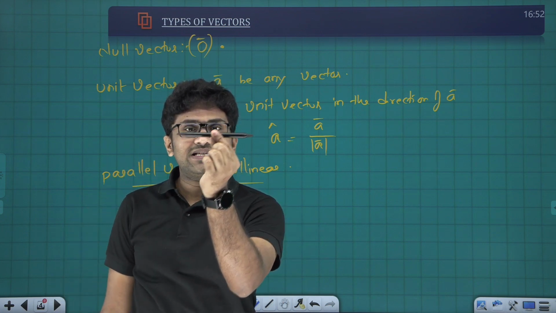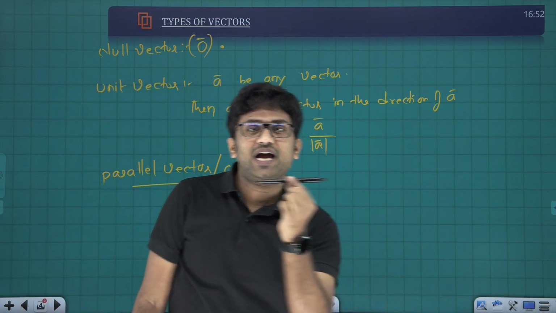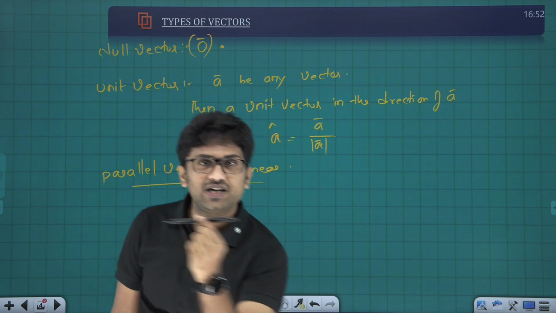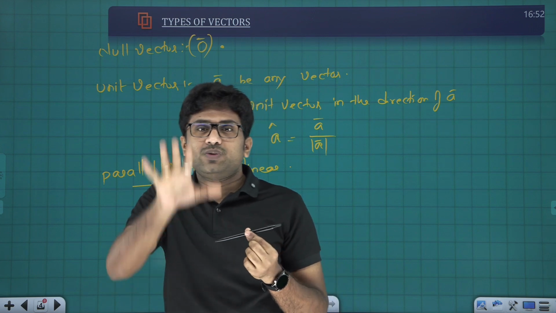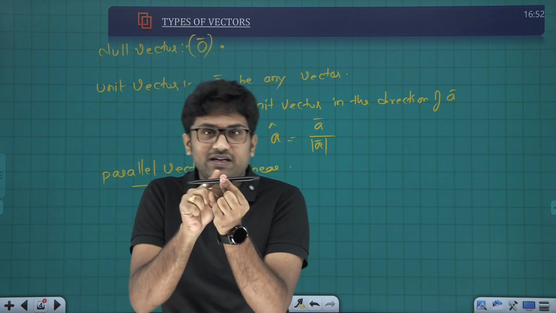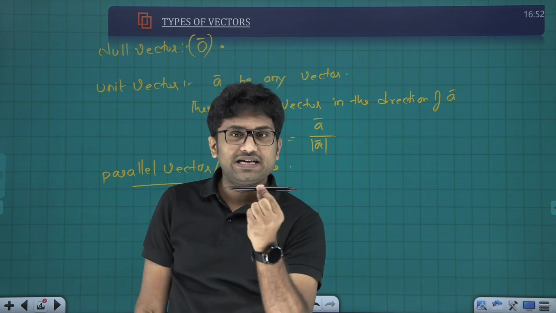Then this can be translated to any place without changing its direction and magnitude. See, A bar can also be shifted here, here, and here. So all the vectors which we are discussing in complete vectors and 3D are only free vectors. So we can translate any vector.